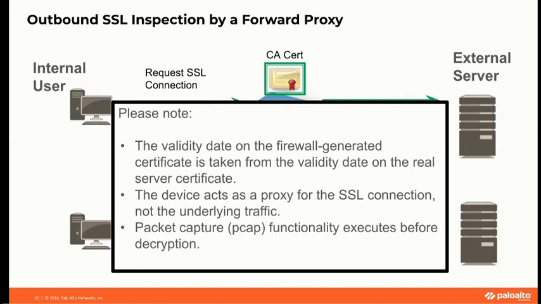Prisma Access devices support 2048-bit RSA keys for SSL inbound inspection sessions, for SSL forward proxy sessions between Prisma Access and the destination server, and for SSL forward proxy sessions between the firewall and the client.